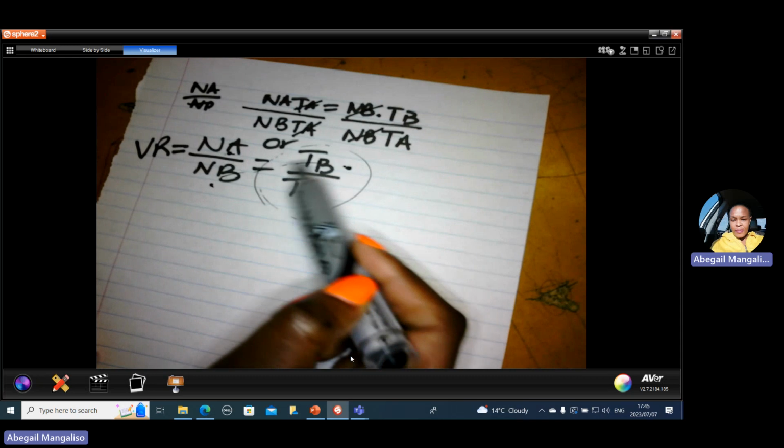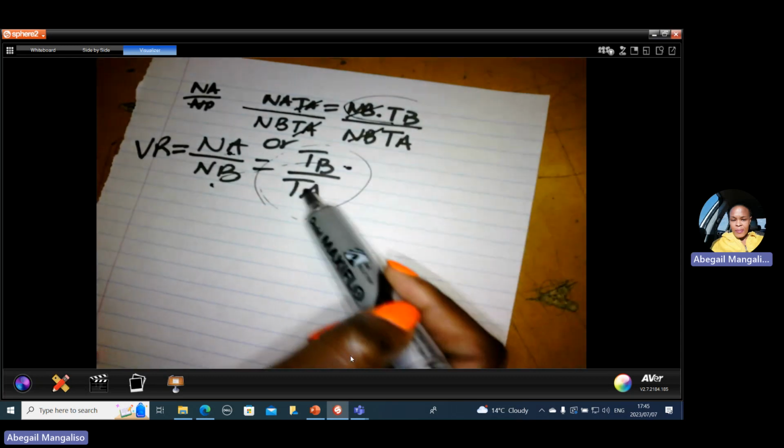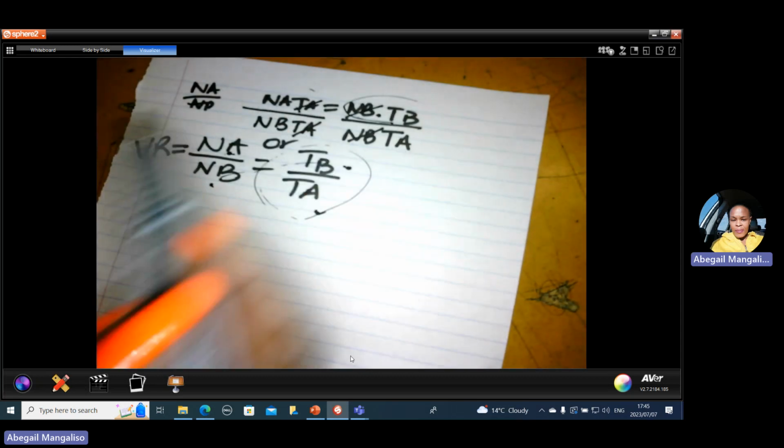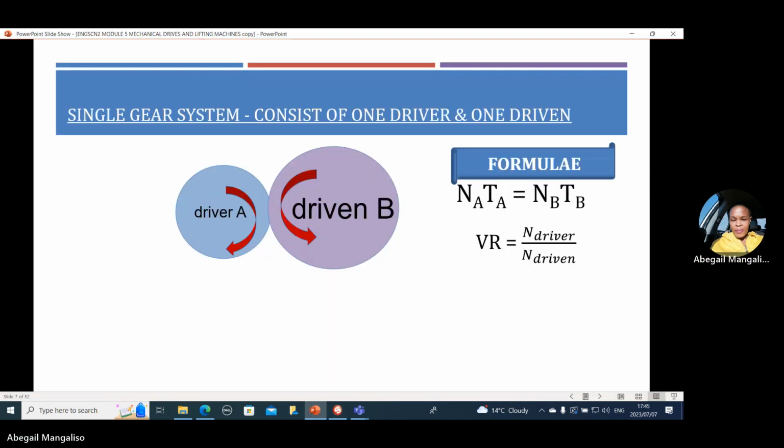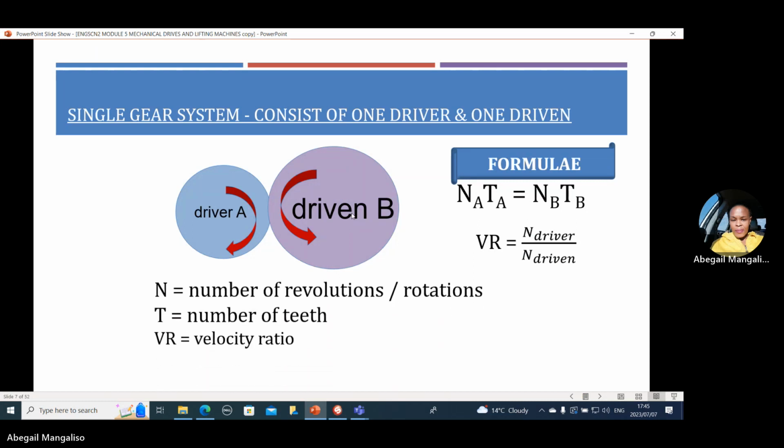When you cross multiply, it's still giving you that one. So you have two formulas to calculate velocity ratio. You can use the N ratio or you can use the T ratio. N stands for number of revolutions or rotations or rotational frequency. T stands for number of teeth, and VR is the velocity ratio, single gear compound.